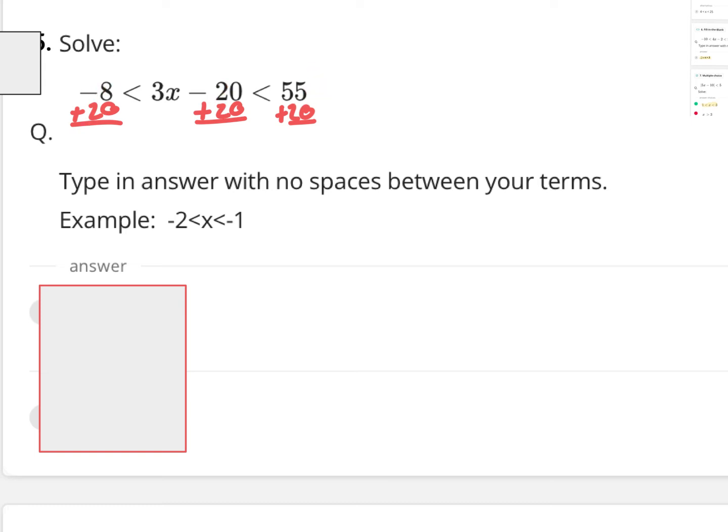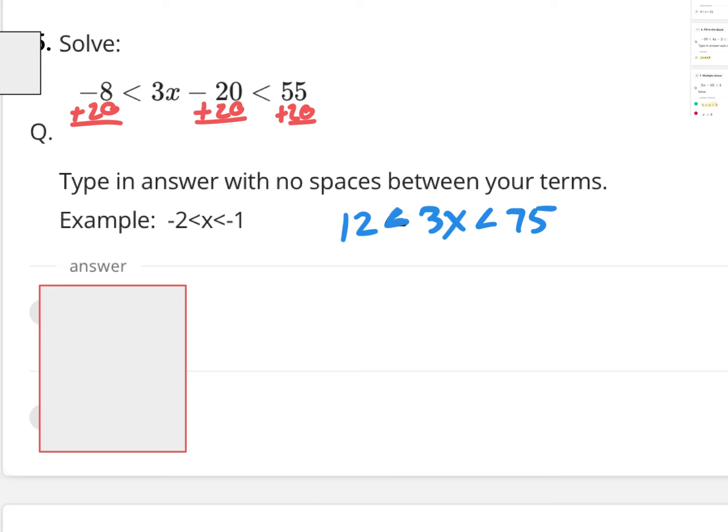So my new problem will be, and I'm going to write it over here in blue, a 12, right? Because negative 8 plus 20, that's positive 12. And I have the less than symbol, 3x. I'll write that down, 3x. And I also have another less than symbol, and 55 plus 20, that is 75. So less than symbol, 75, okay?